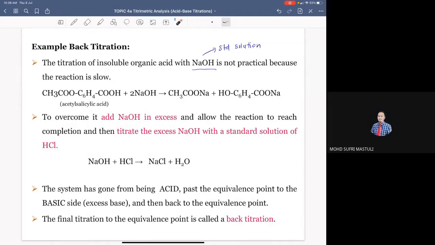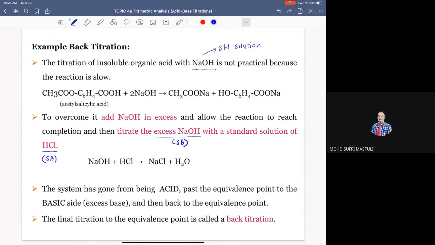So as you can see here, the first standard solution, which is sodium hydroxide, will undergo a second titration by using another standard solution, which is HCl. So this excess sodium hydroxide is a strong base. This one is a strong acid. Okay.